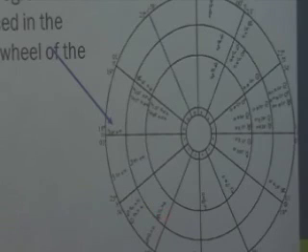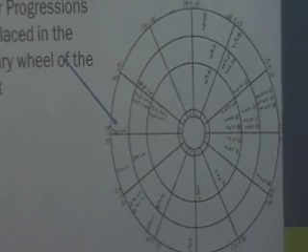Now, as you know, if the folks online can't see any of this, I can't even see what's up here, and I'm standing pretty darn close to it. The resolution of this LCD projector is not so great. That's 22, major progressed ascendant is 22 degrees Aries. So we would look, is it involved in a major progression?